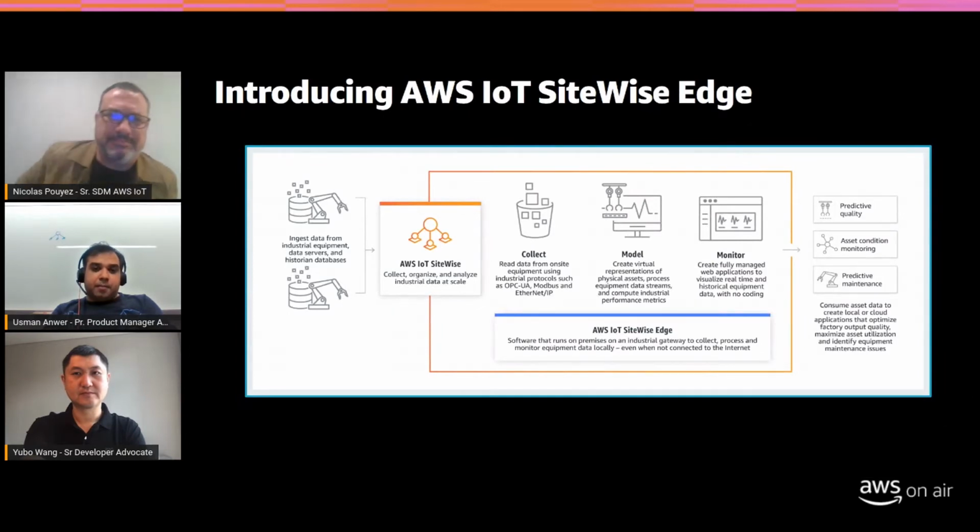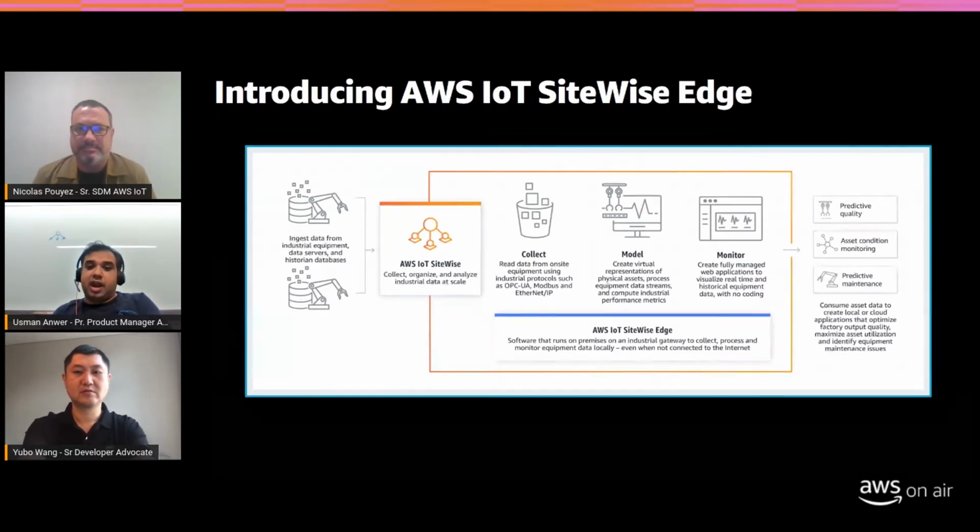So, a great question. Primarily, the data that SiteWise Edge collects, it sends to the SiteWise cloud service, which processes and collects it in the cloud service. However, you have an option to export data, process data from your gateway to other services such as S3 or TimeStream.